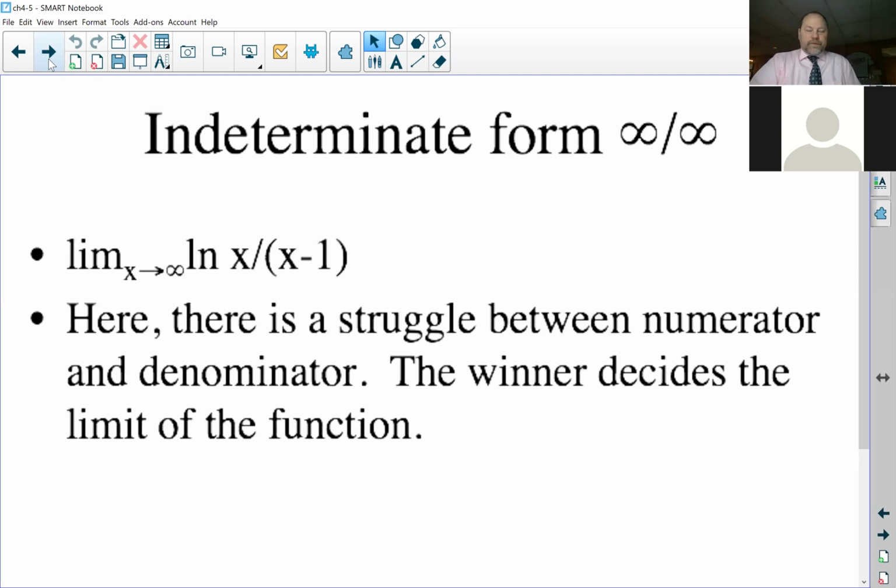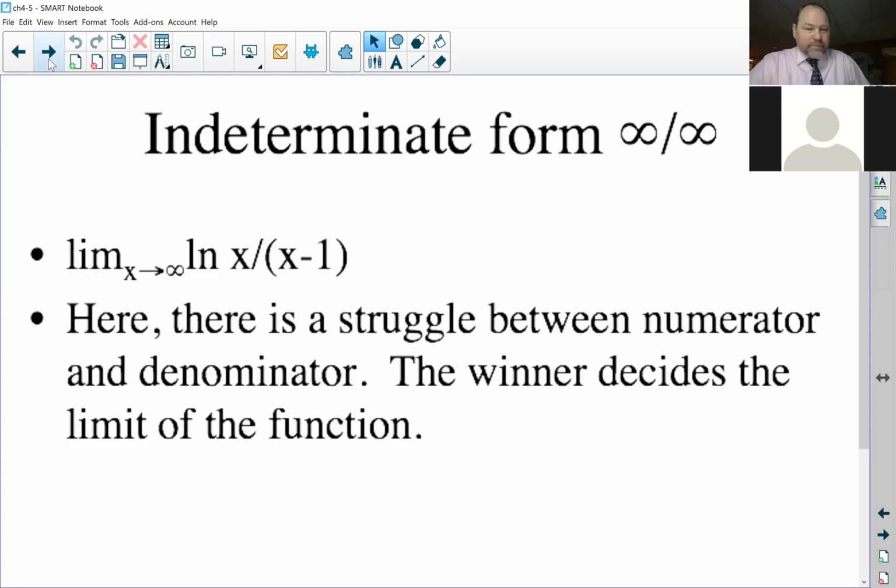The other one is infinity over infinity. It could be negative infinity over negative infinity as well. So if we had the ln of x and x minus 1 as x approaches infinity, it's not necessarily going to be 1 as an answer.